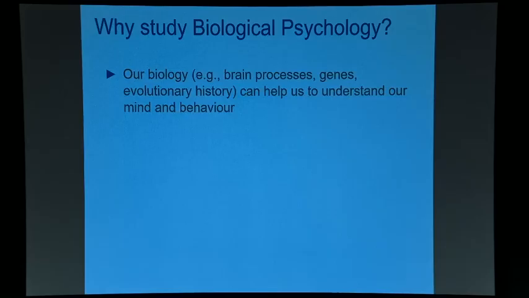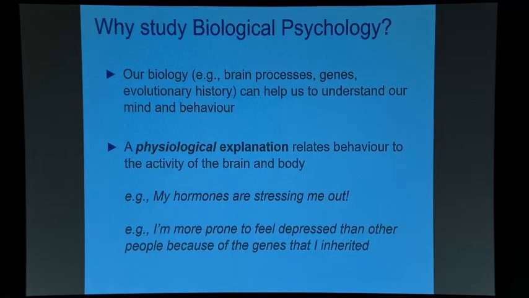There are various different types of biological explanations that we use to understand psychological phenomena. One type is a physiological explanation, which relates our behavior to the activity of our brain and our body. For example, the idea that hormones, chemicals released into our bloodstream, can affect the way that we feel, the emotions that we have, and the way that we react to events around us.